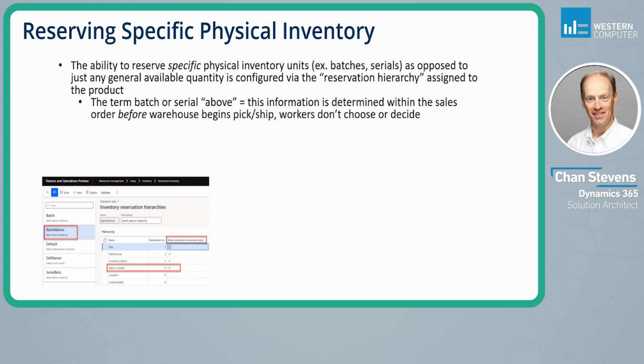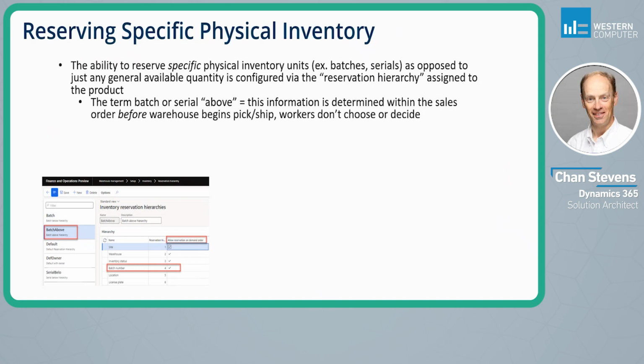All of the dimensions above location, we dictate and control on the sales order line, and we can reserve against those specifically. Anything beginning with location and below is delegated to the warehouse to choose whatever they wish to do through location directives or manually or any kind of automation down in the warehouse.